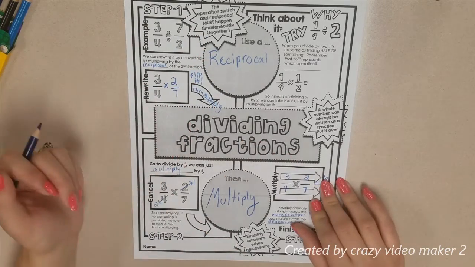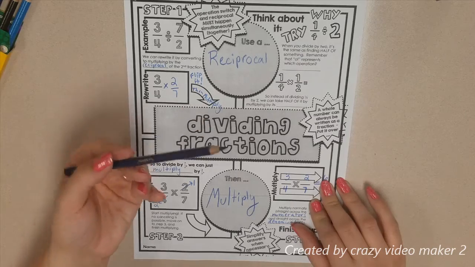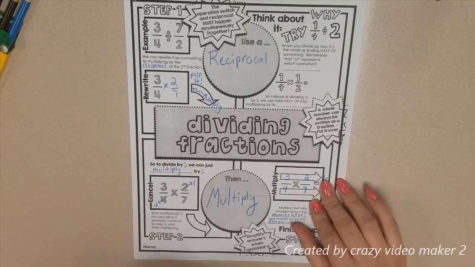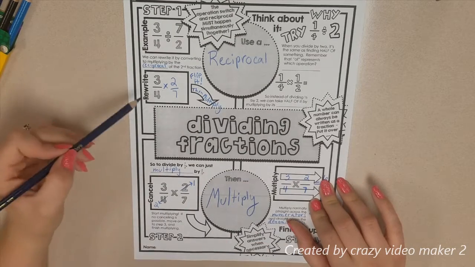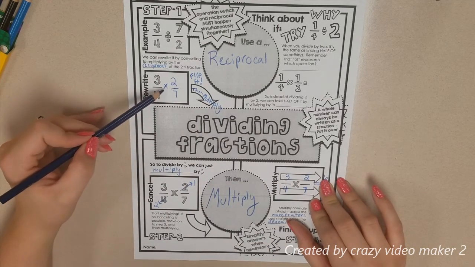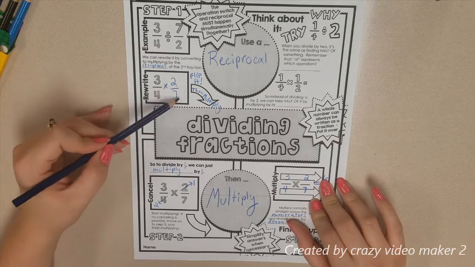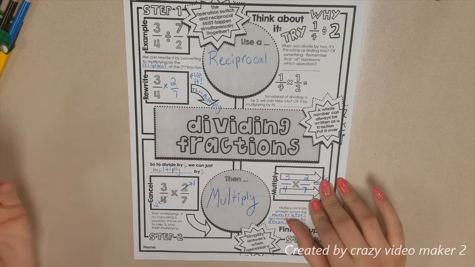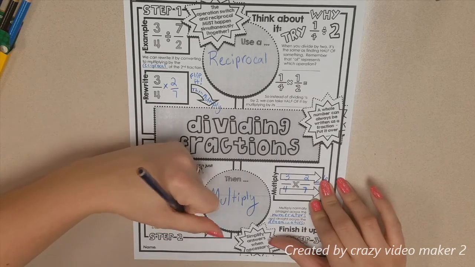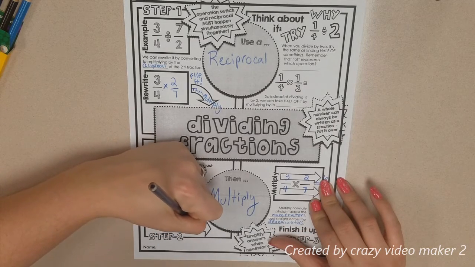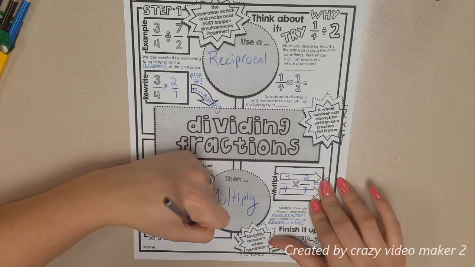So doodle notes, you can kind of fill them in. You know, notice I'm using a colored pencil. They're supposed to be bright and fun and colorful, but we want to make sure we have all of our information down first. So you flip it and multiply. Okay, flip the second fraction and multiply. That's how you divide fractions. And over here, it says we're almost done. Don't forget your last step, which is simplifying.